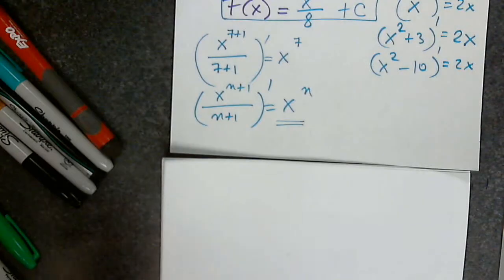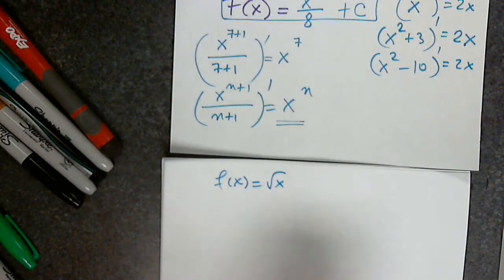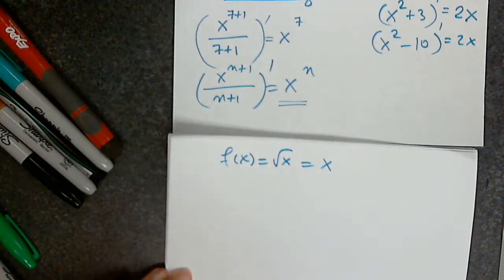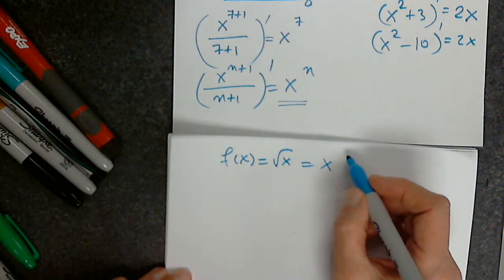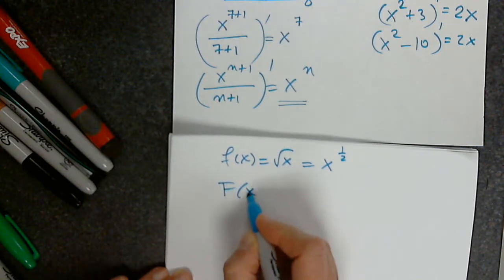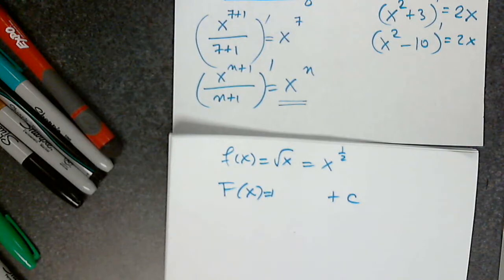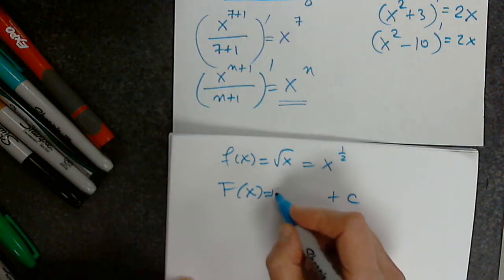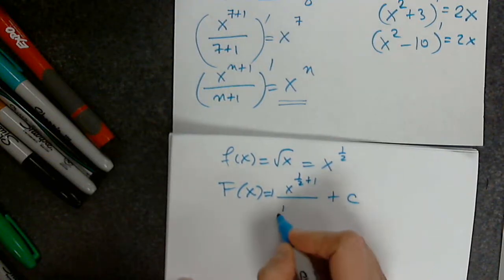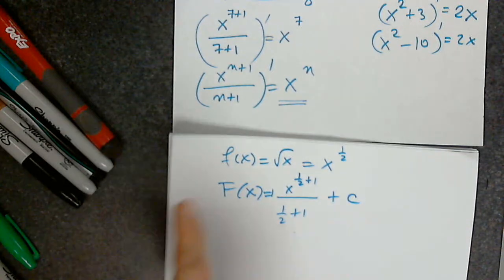Now, how do I determine the antiderivative of the square root of x? So I have f of x is the square root of x. I will change it into x to which power? Very good. So now I can find the most general antiderivative, which will be x to 1/2 plus 1 over 1/2 plus 1, by this rule.